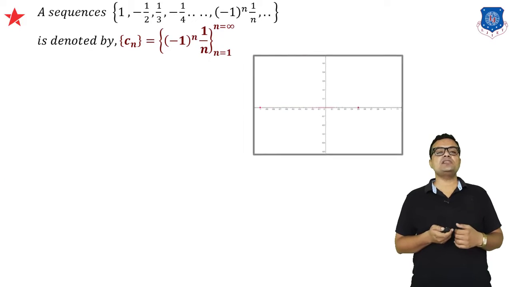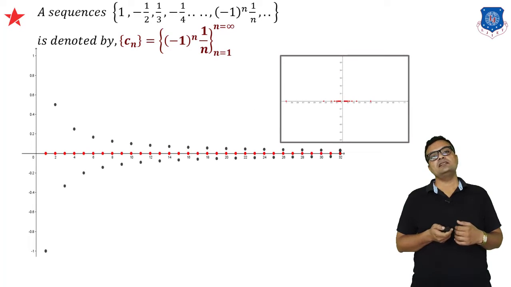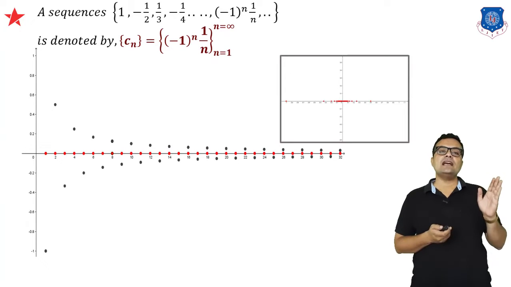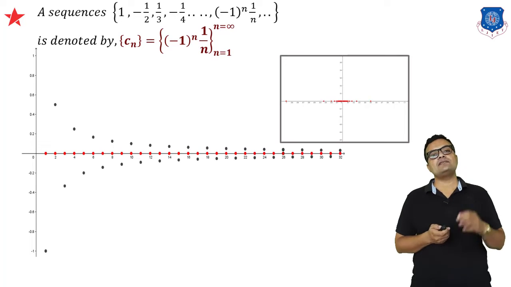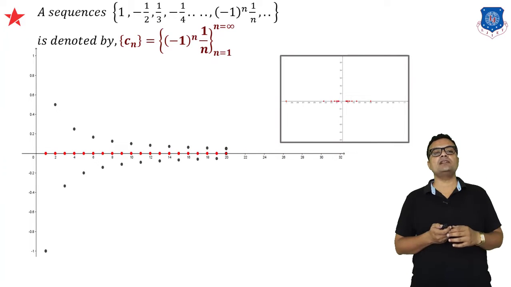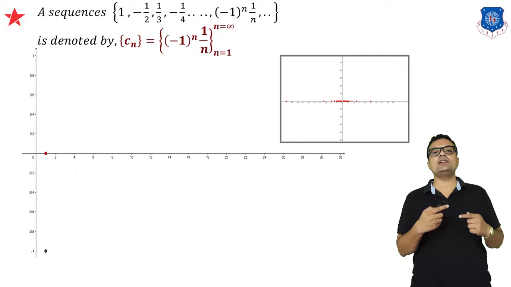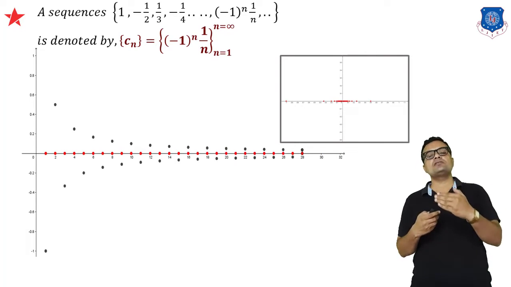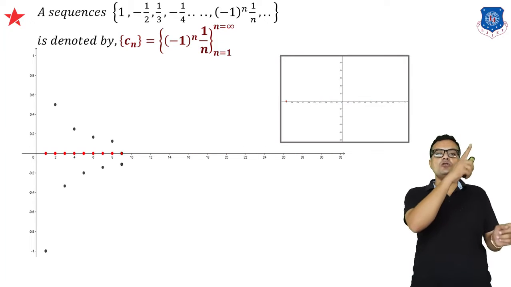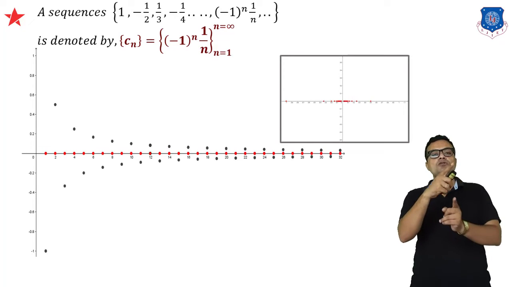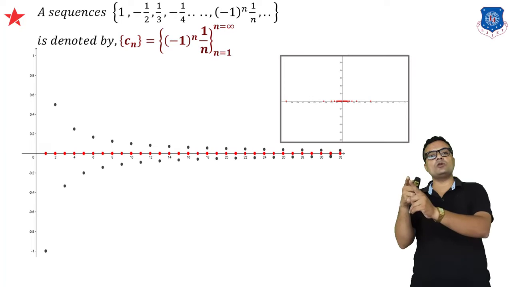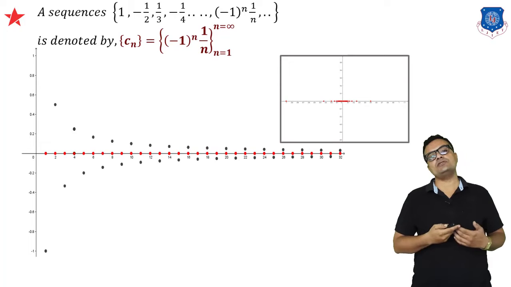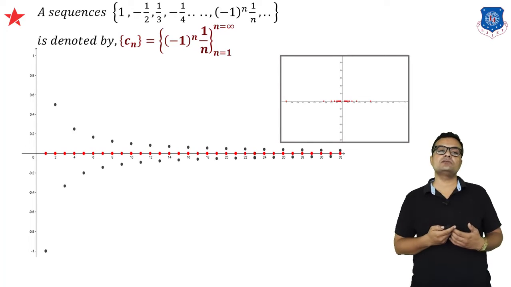Now keeping this picture in our mind, let us consider our regular second construction, where x denotes the index whereas y denotes the value of an. Now you can see the pattern over here: the values are jumping up and down and then reaching the origin. So you can see clearly that the value 0 is approached in two different ways, from the positive y-axis and from the negative y-axis also.